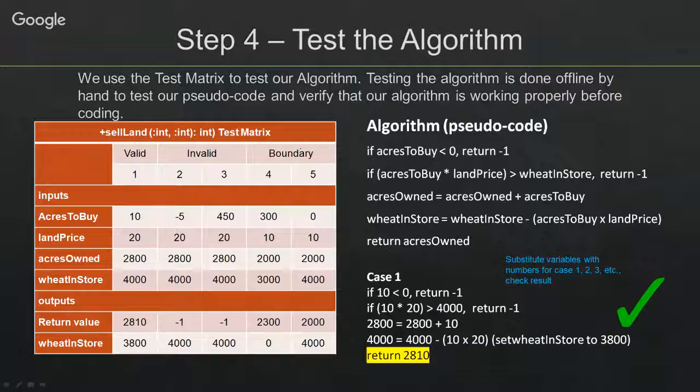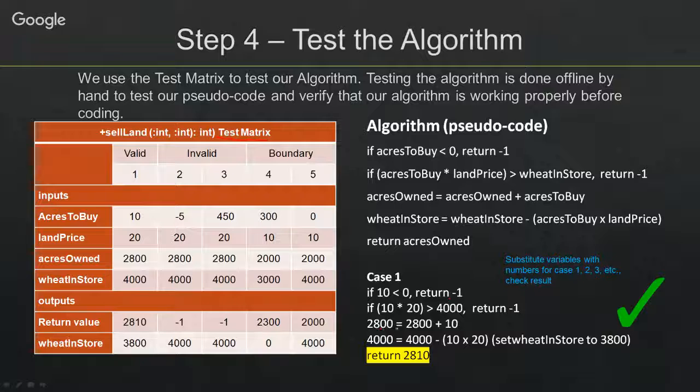Perfect. So now we would test the algorithm. Using our test matrix here, we'll use some of this information and plug it into our pseudocode, as he was just talking about, and we'll try some of these cases. So let's say, for example, if we had a 10 was less than 0, obviously that's one of the invalid things, so we would skip that and go to the pricing that we have here.